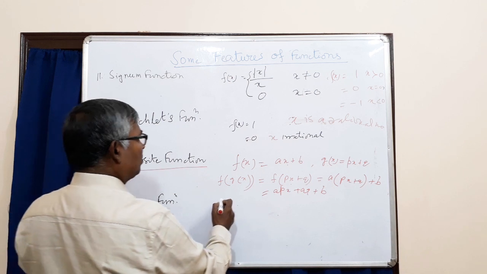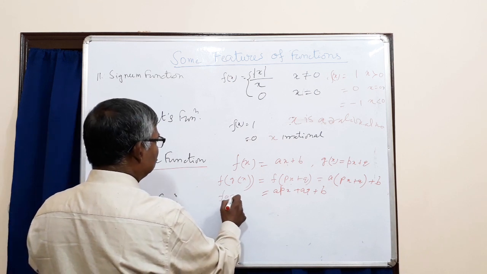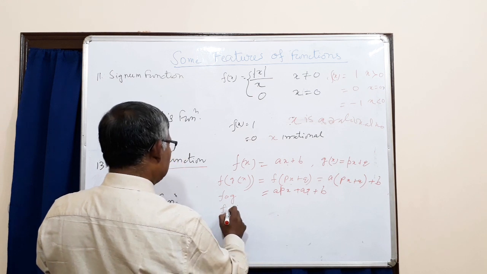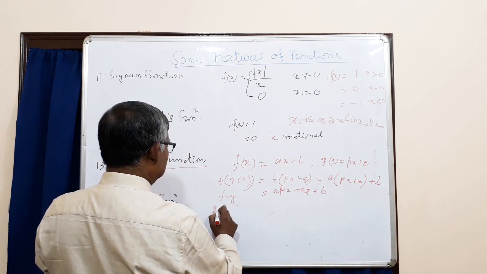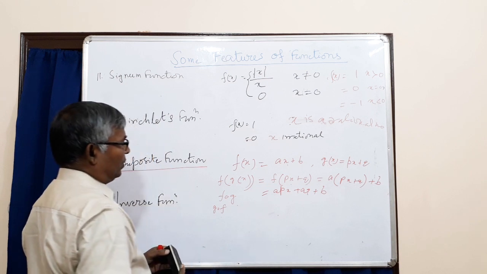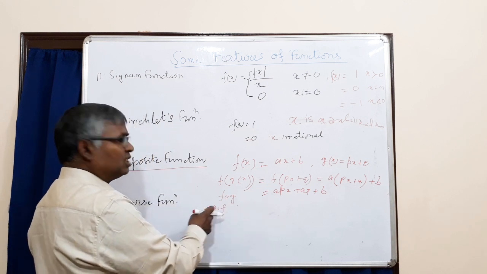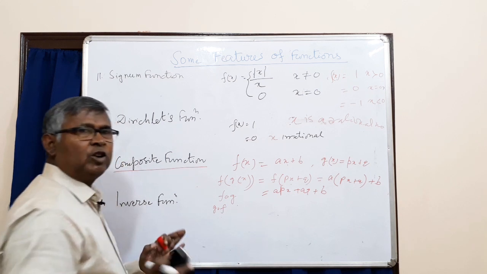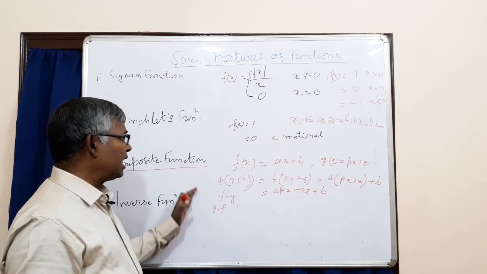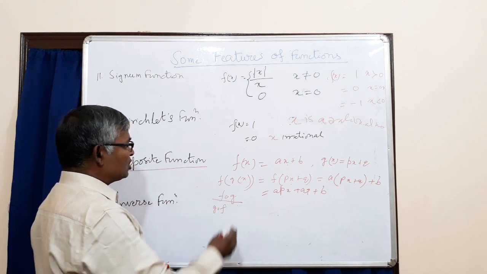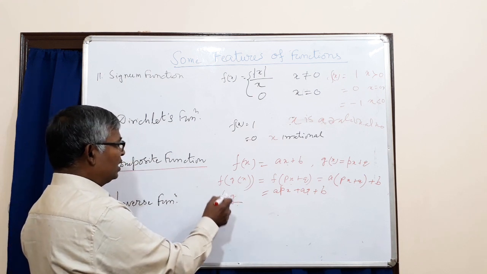This is of the form f circle g. In another form you can also get g circle f. For f circle g, first operate g, then f.